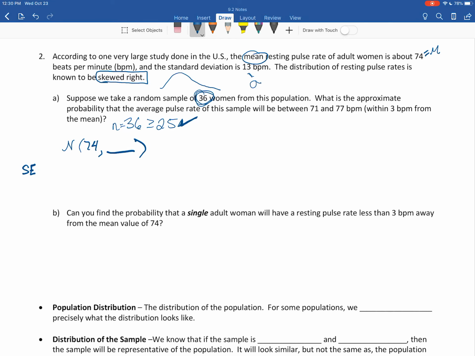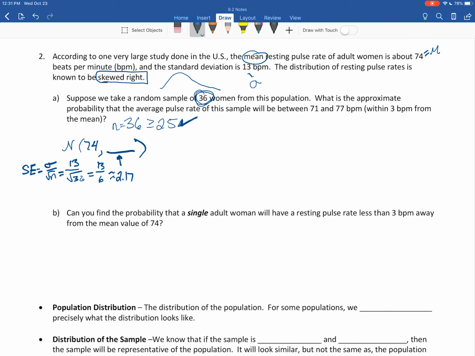We take the original standard deviation of 13, divide that by the square root of 36. So 13 divided by 6, which is approximately 2.17.